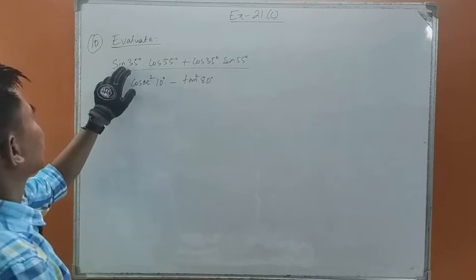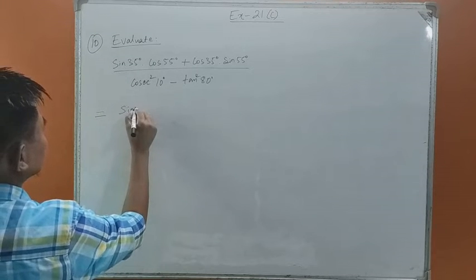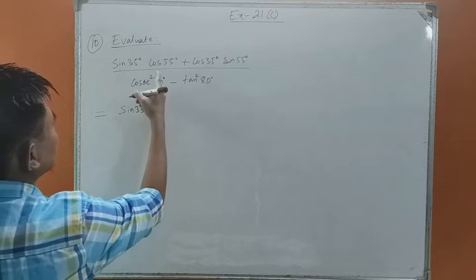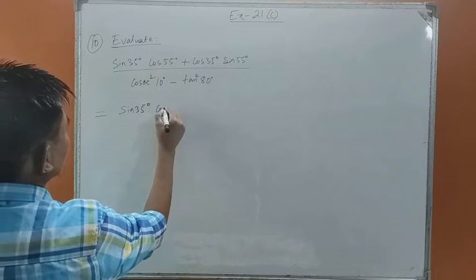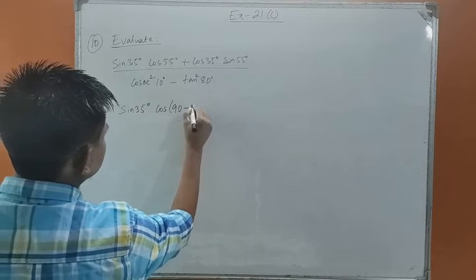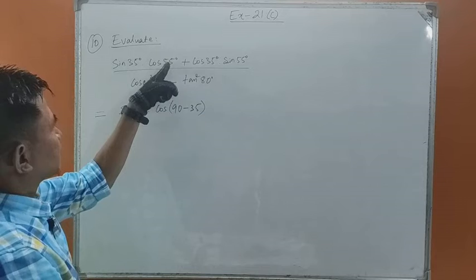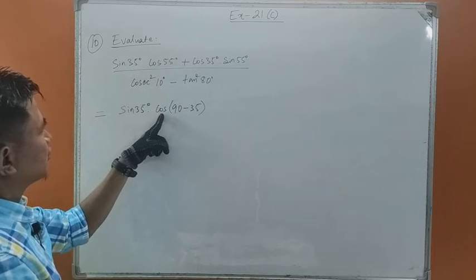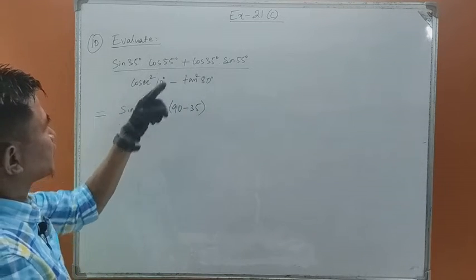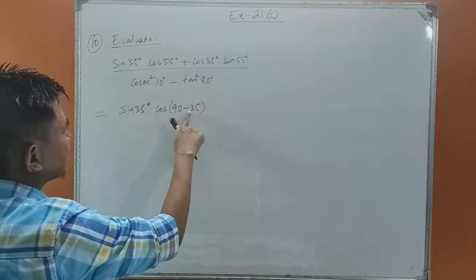Okay, so we have sine 35 degree. Let's copy this sine 35 degree as it is. Cos 55 means 90 minus 35, isn't it? 90 minus 35 gives us 55. This cos is this cos. 90 minus 35 means 55. 10 minus 5 is 5, and this becomes 8. 8 minus 3 is 5.